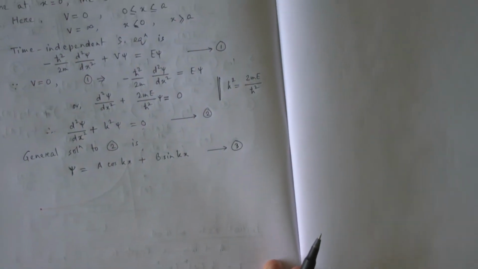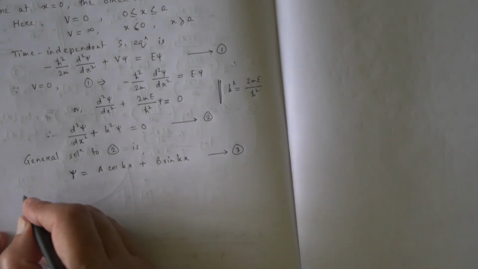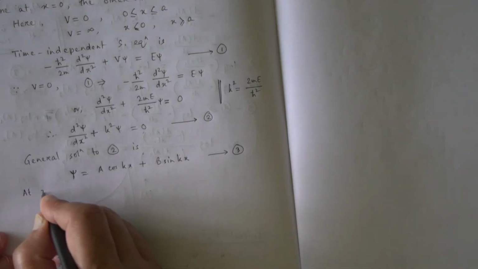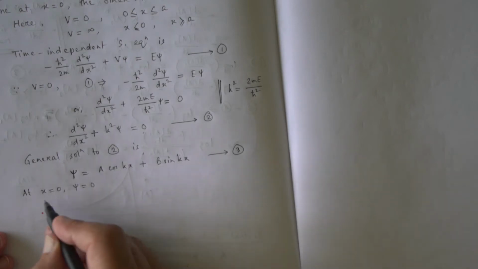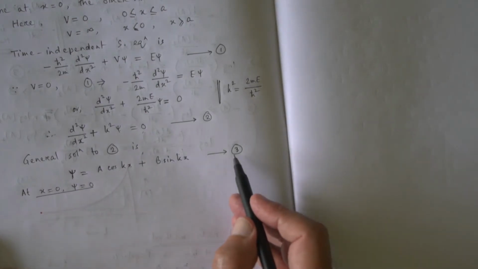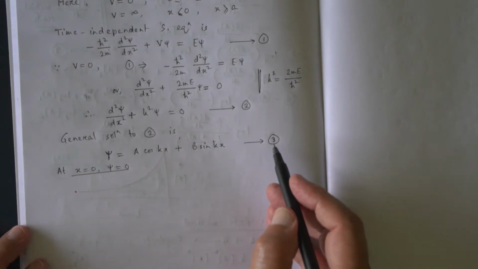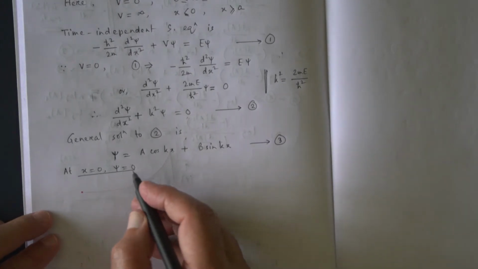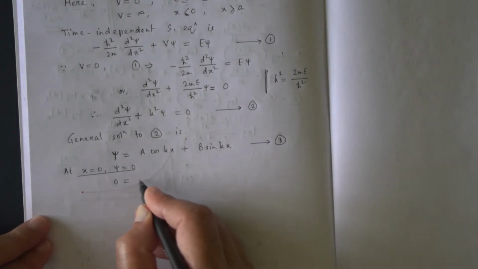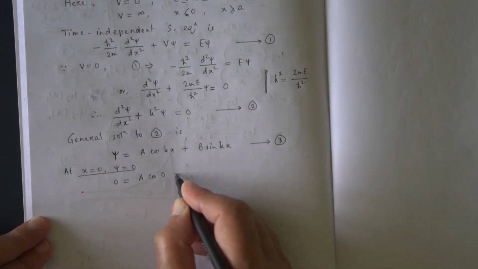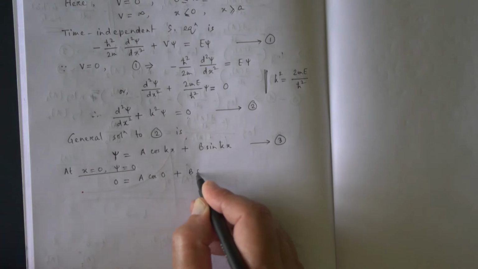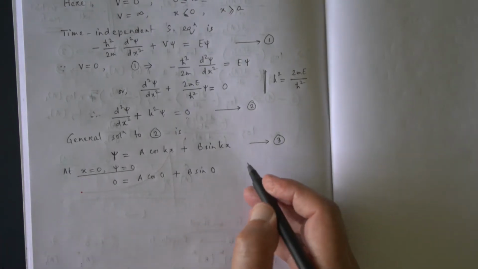Okay, boundary condition. If we apply that condition, say at x equal to 0, psi is 0. If we apply this condition in 3, what do we get? Psi is 0, a cos 0 plus b sin 0, at x equal to 0.